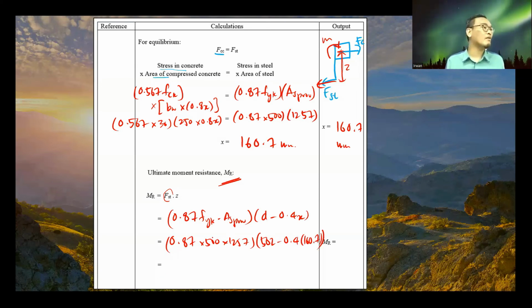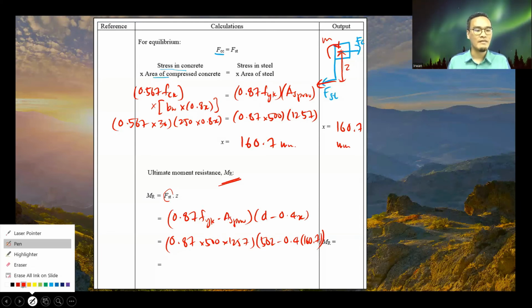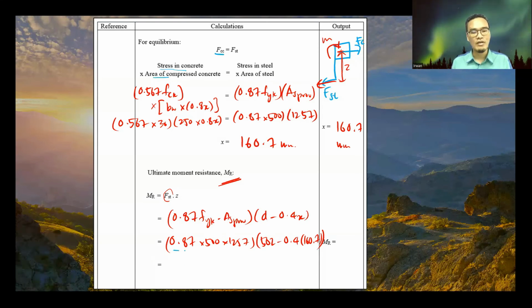Always divide by 1 million in order to get back the unit of kilonewton meter. Please don't forget to divide by 1 million. Use your calculator. What is the answer here?